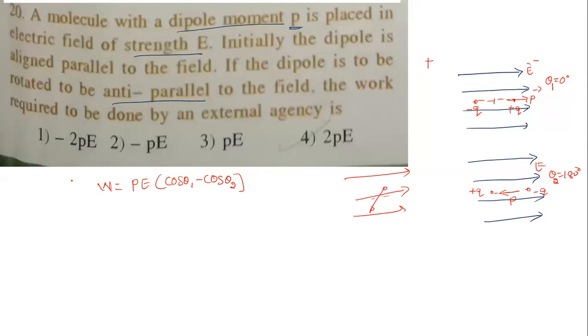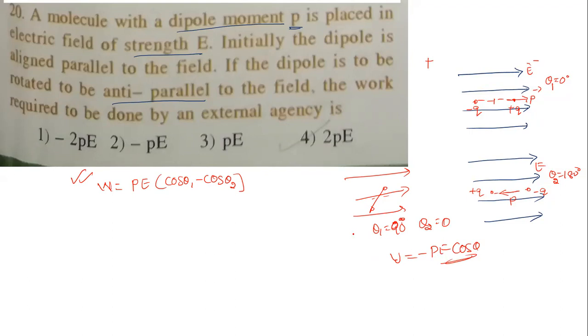If you do the derivation, you get the work done formula like this. Usually we take the convention theta 1 equal to 90 degrees and theta 2 equal to theta, and we get work done as the potential energy, minus PE cos theta.